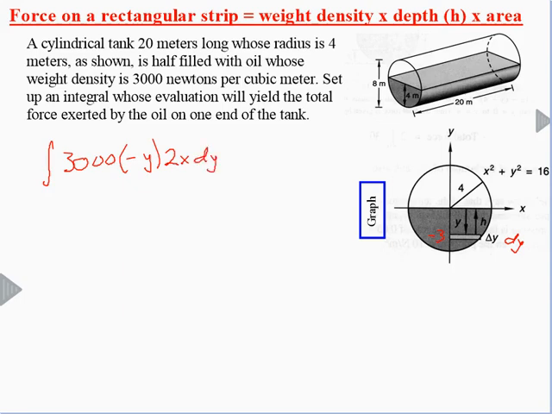Well, we can't integrate this in terms of y with an x in here, so we need to solve our equation here for x. And so we could subtract y squared from both sides. We get 16 minus y squared, taking the square root, and we'll just do the positive part. We get the square root of 16 minus y squared.